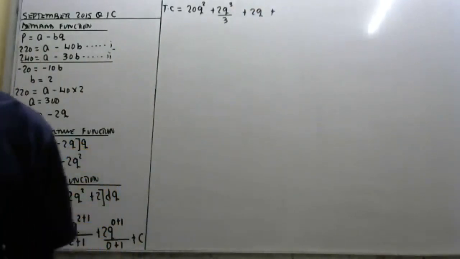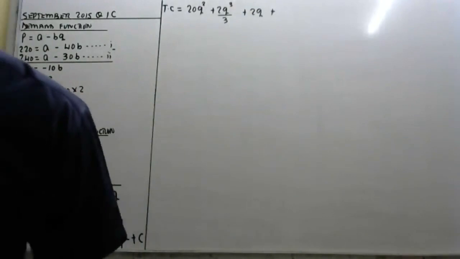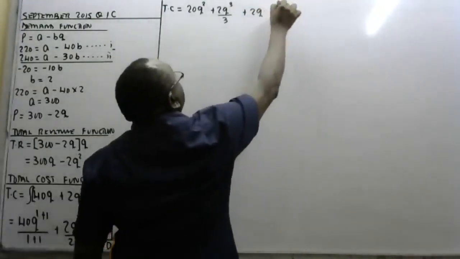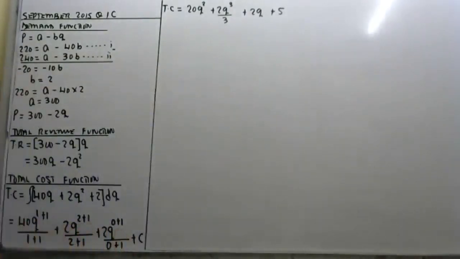The fixed cost is 5. So we have the total cost.